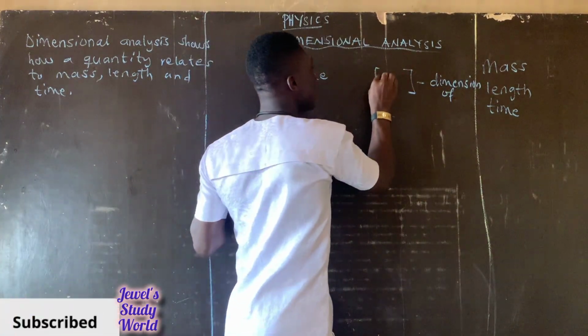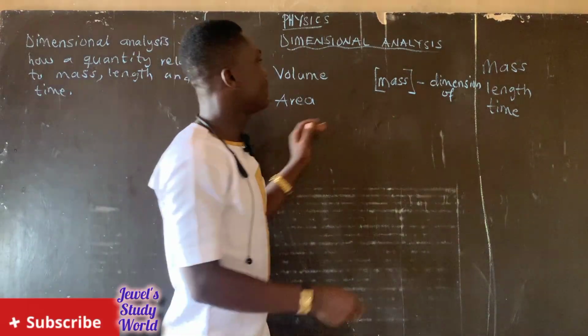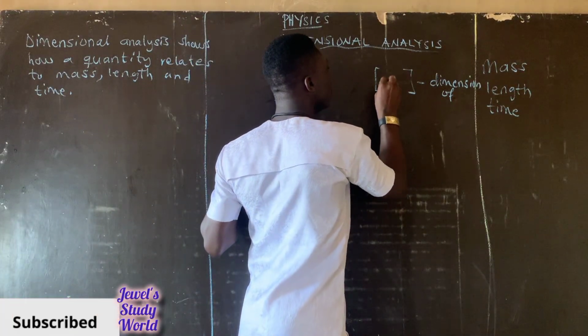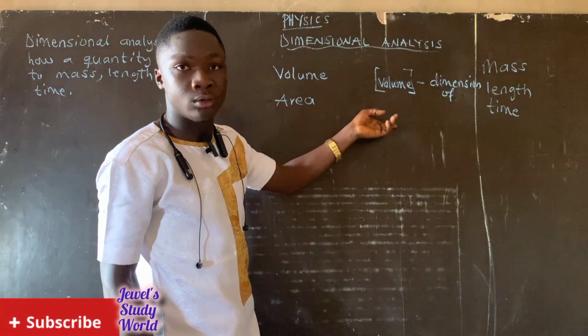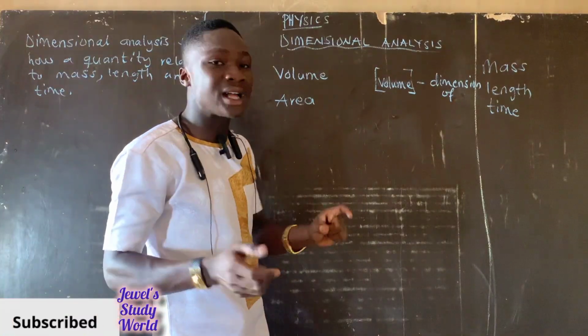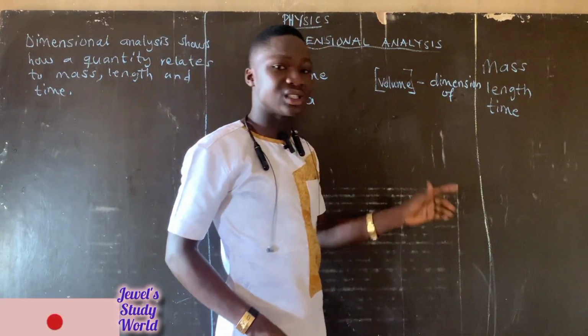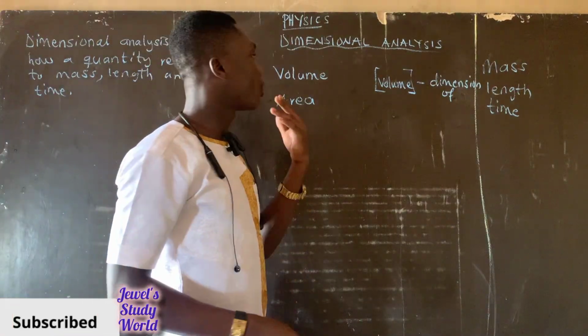So if I write mass here, it means the dimension of mass. If I write volume here, it means the dimension of volume. So to find the dimension of any given quantity, you first put that quantity in a square bracket like this.